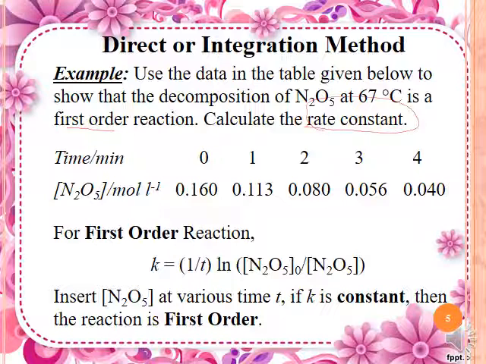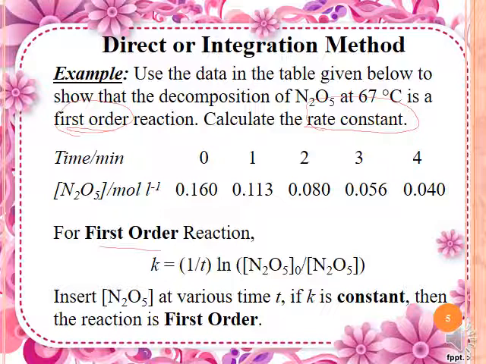The question has given the clue here, which is first order reaction. So based on the integrated formula that you should have memorized in the previous lecture, we write the first order reaction, which is this.